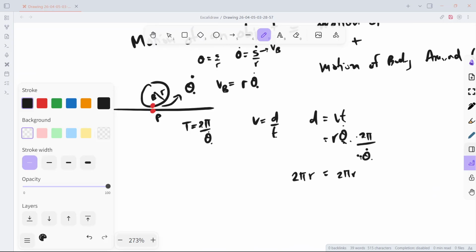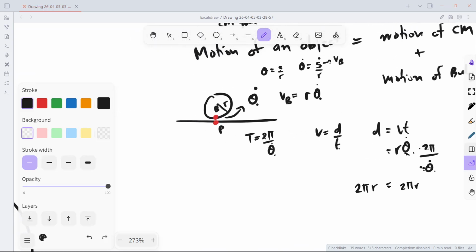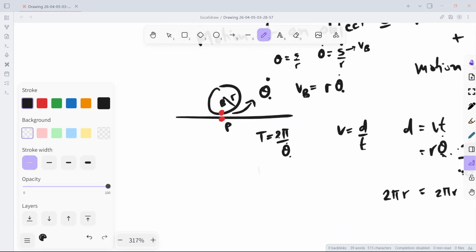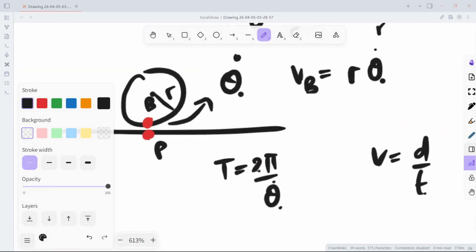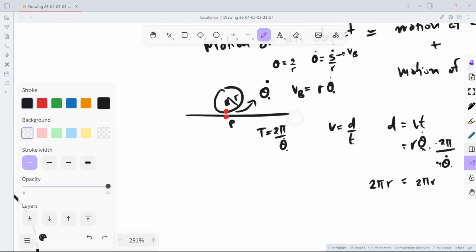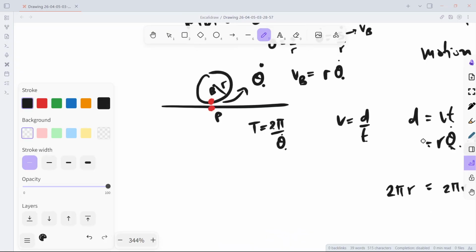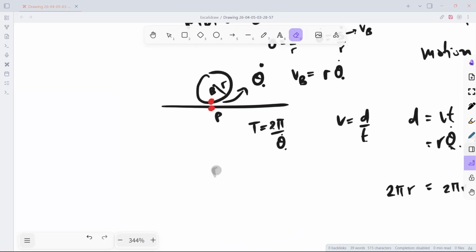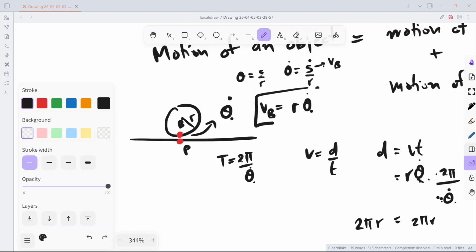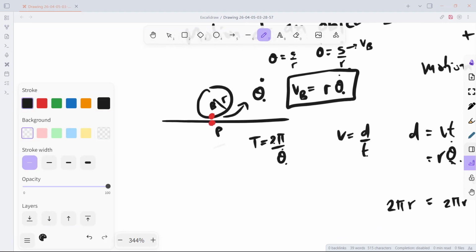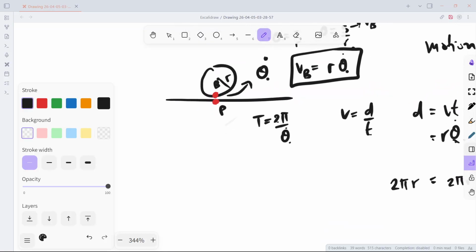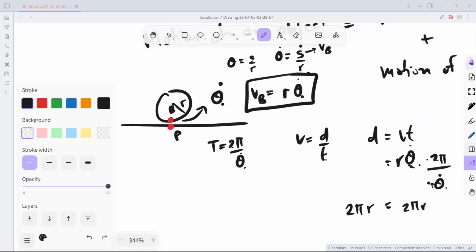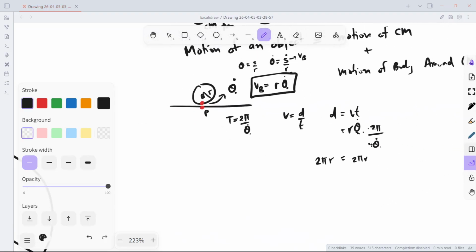So the translational velocity here is the same. Okay, so it's clear that the condition here is, this is true with respect to the center of mass and with respect to P, just because of this translational game that we played here.